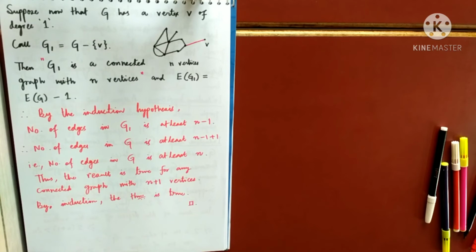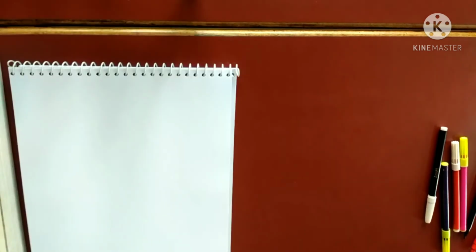The answer is no. We cannot find any connected graph having this condition; 10 vertices and 8 edges is not possible. So the minimum number of edges required to make your graph connected is at least n minus 1, where n is the number of vertices. Understood? Any confusion? Okay.